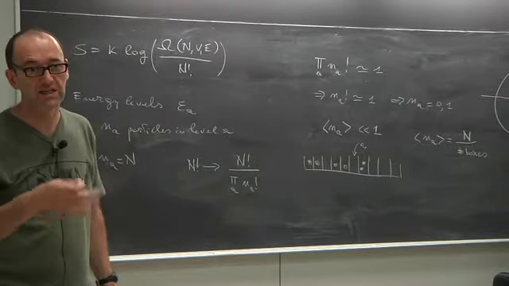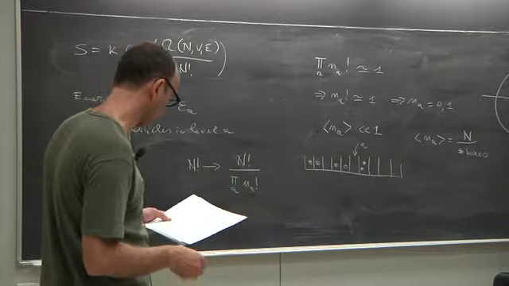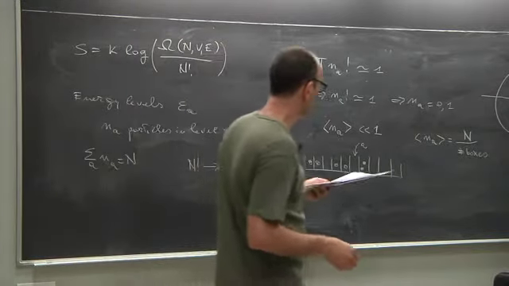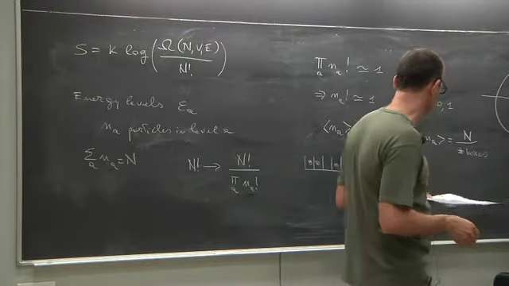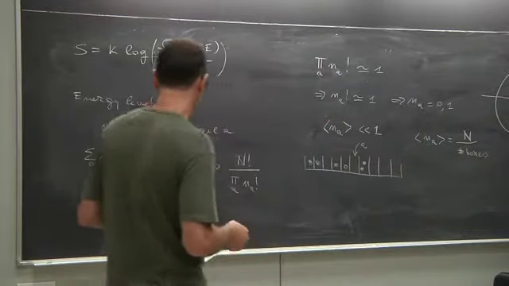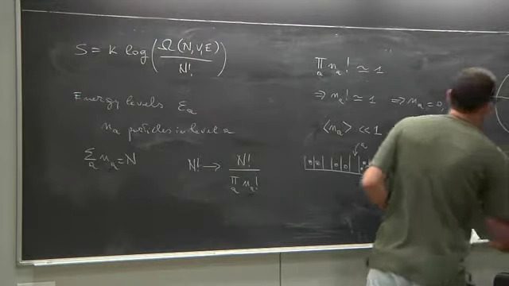Or let's say at or below a certain energy E. So how many are the boxes?